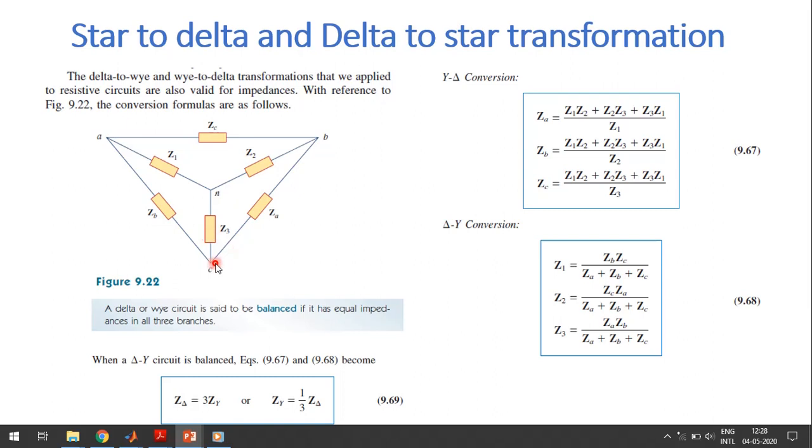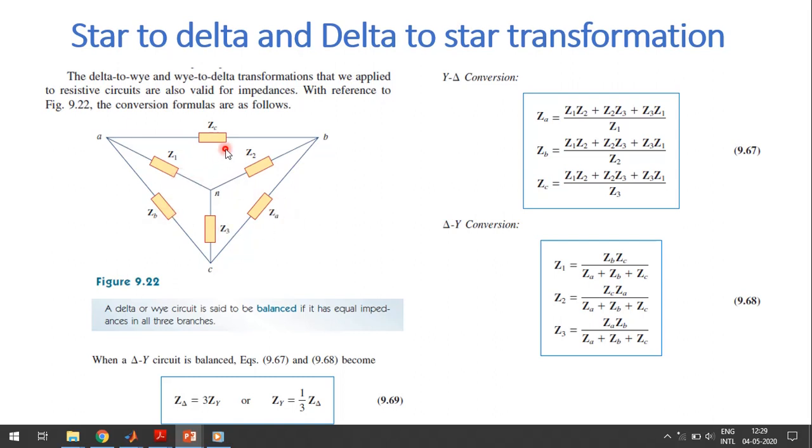So if I have to find out the value of Z1, Z1 will be the product of the adjacent impedances, that is ZB into ZC divided by the sum of all impedances in a delta connected circuit, that is ZA plus ZB plus ZC. Similarly, if I have to find out Z2, then the formula is ZC into ZA divided by ZA plus ZB plus ZC.